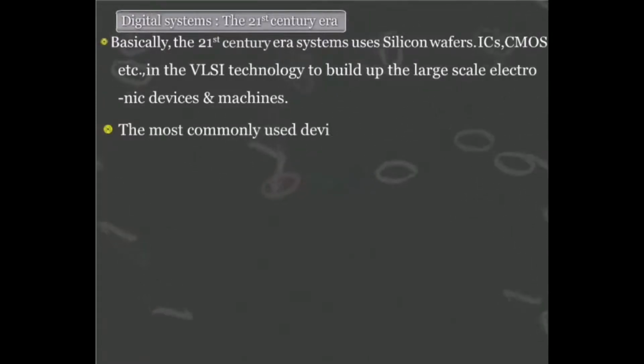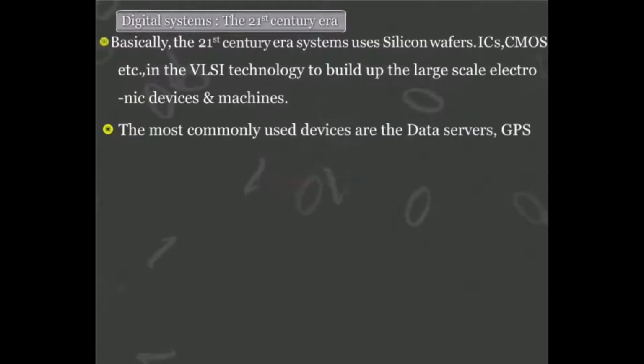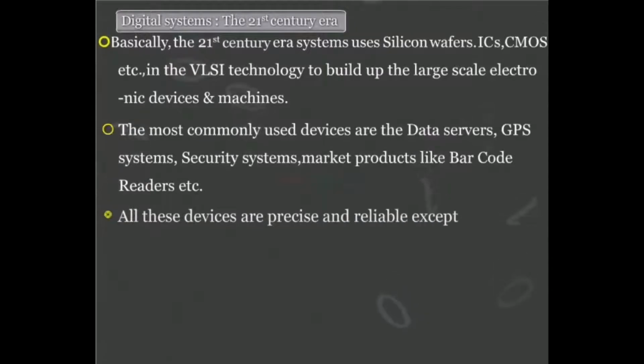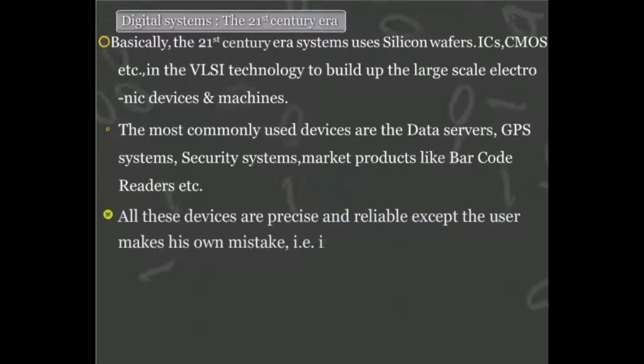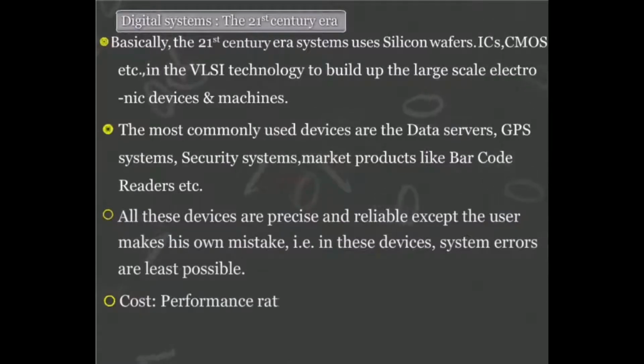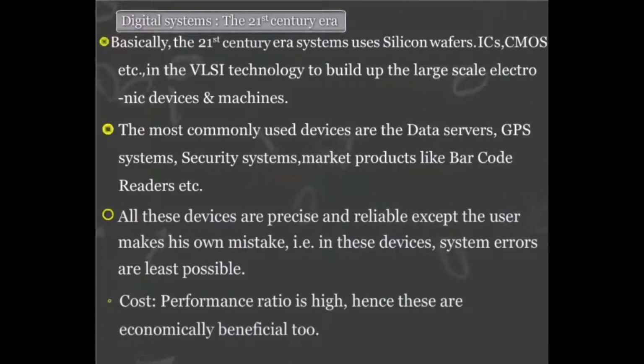The most commonly used devices are data servers, GPS systems, security systems, and market products like barcode readers, etc. All these devices are precise and reliable, except when the user makes their own mistake. That is, in these devices, system errors are least possible. The cost to performance ratio is high, hence these are economically beneficial too.